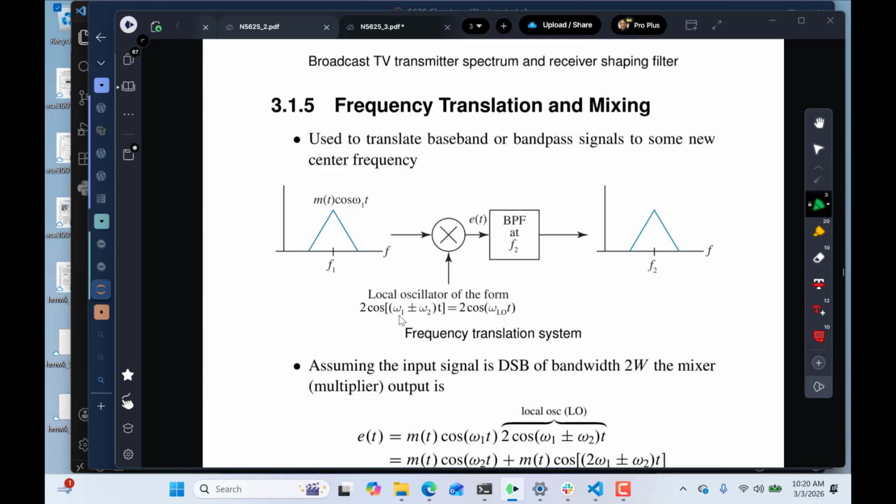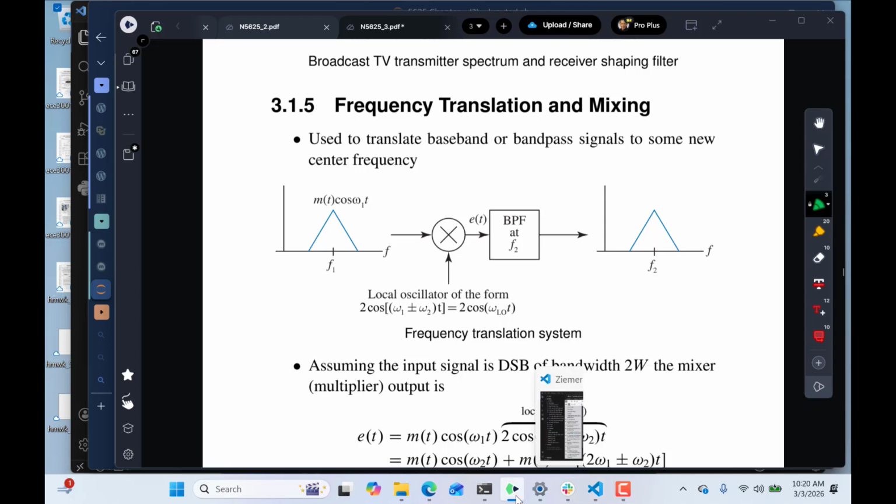In this case, its frequency is known as the local oscillator frequency. But if we set it up to be omega-1 plus or minus omega-2, and I'm thinking now in terms of the absolute value, so we don't think of a negative frequency, we just think of a difference frequency, it will take F1 and it will move it to F2, whether it's up or down in frequency.